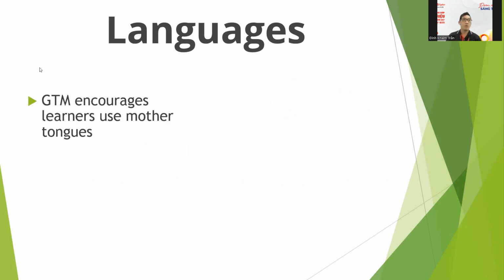For example, in the Grammar Translation classes, when we apply this kind of method, we encourage the learners to use their mother tongue. For example, when we talk about the grammar or do the exercises, we will ask them to translate it into Vietnamese so that they can understand it well.